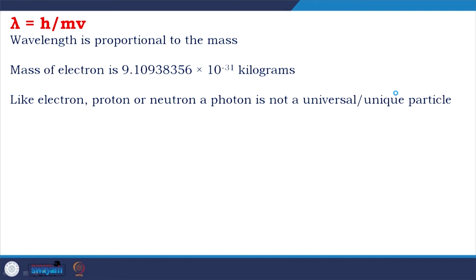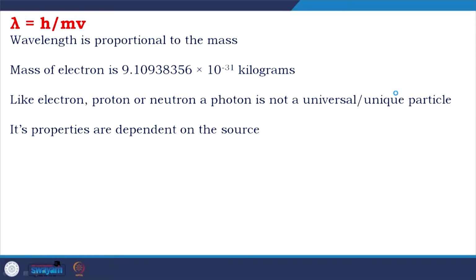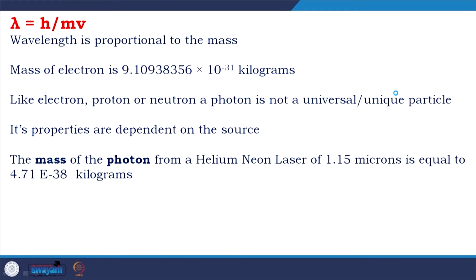Now, with the advent of more sophisticated, more sensitive instruments, yes, you could measure the mass of a photon, which is not universal like electron, proton and neutron. So, it depends on the properties of the source. To help you understand, I have taken the mass of a photon from a helium neon laser of 1.15 micron, equal to 4.71 times 10 to the power minus 38 kilograms.